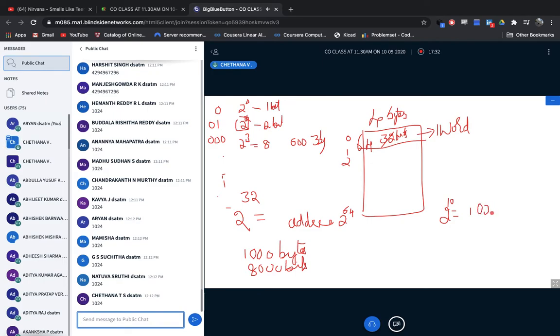That means you'll be having 1 KB, 1 KB of data you are able to store inside the memory. 2 to the power of 32 is a very big number.